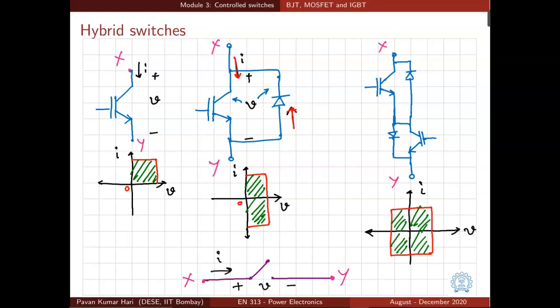You have two diodes connected, so this diode can block voltage in this direction, this diode can block voltage in this direction, and the same is the case with the IGBTs. And current conduction can happen through this IGBT and this diode.